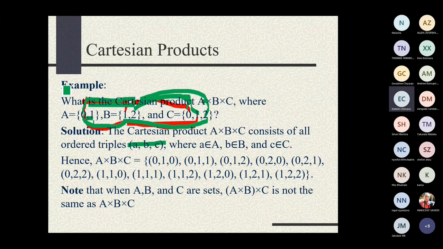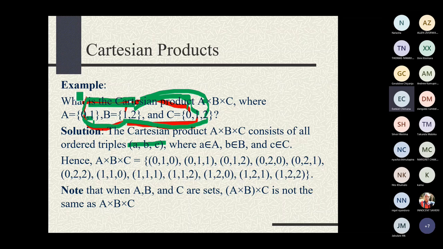We repeat the loop. You start with 1, 1, and 0, and then you pair this one with 1, and then 1, 1, and 2, which will give us 1, 1, 0; 1, 1, 1; and 1, 1, 2.